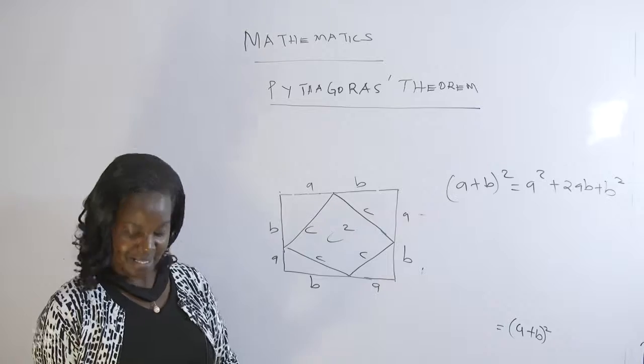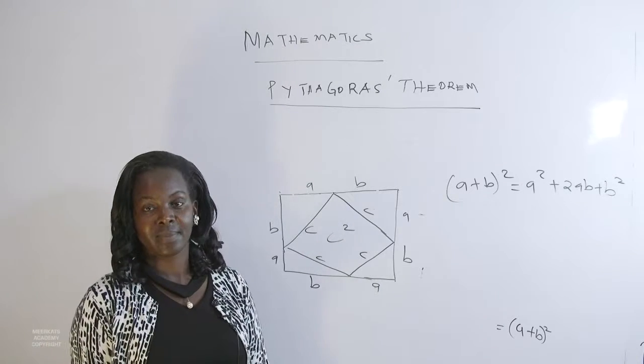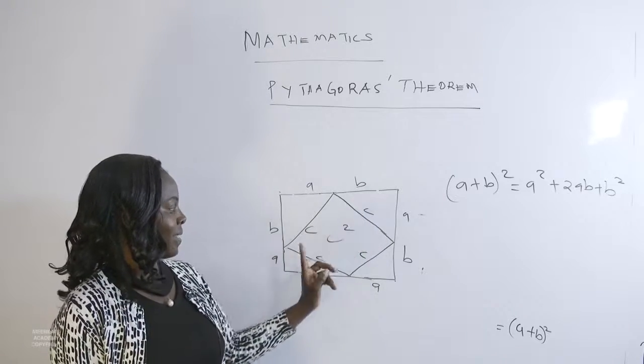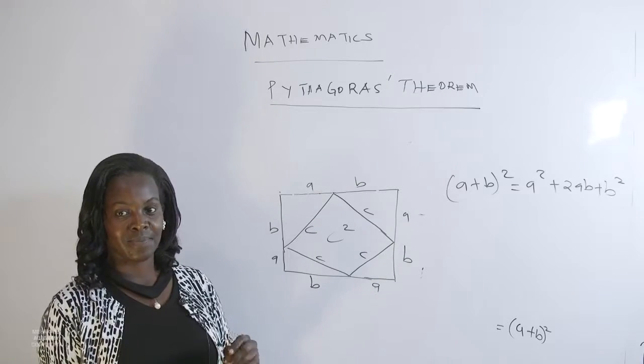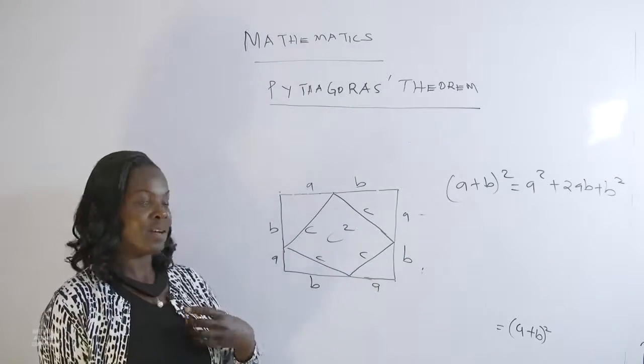We want to find the area of the triangles, the 4 triangles here. So that we would find the area of the inside square.